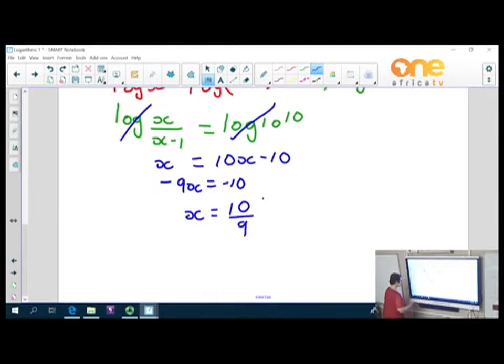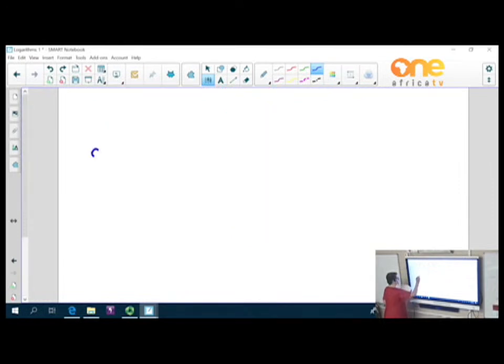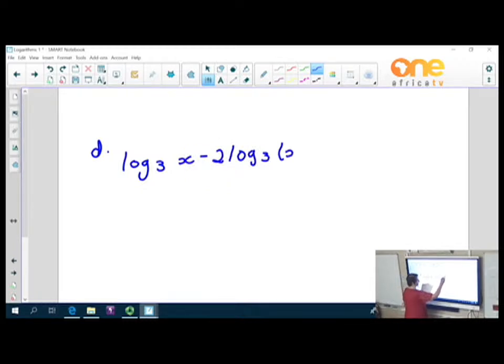That is your solution. Number D, log base 3 of x minus 2 log base 3 of x plus 1 is equal to 1. Can I work with my log laws? No. I need to change this one.